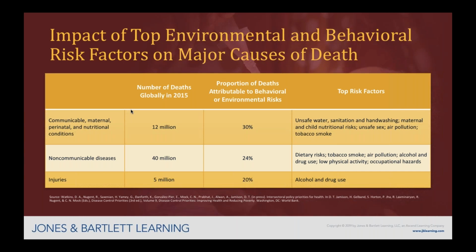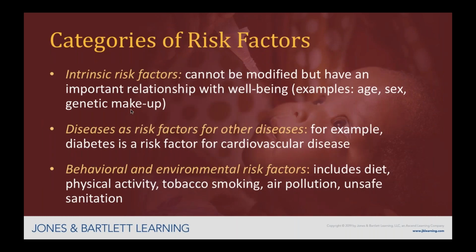And in this slide, based on the new DCP3 paper, you'll see on the left the three classical, so-called classical groups of diseases, group 1, group 2, and group 3. Then you'll see the extent to which deaths in those groups are attributable to behavioral or environmental risk factors. And this is important because, of course, those behavioral and environmental risk factors are going to require more attention to intersectoral approaches than some other risk factors might do.